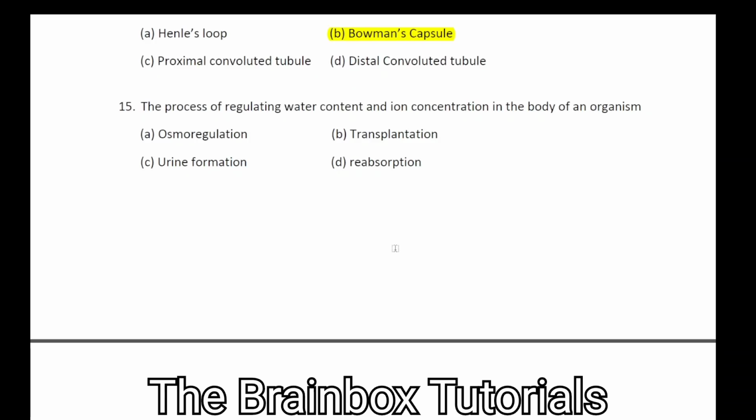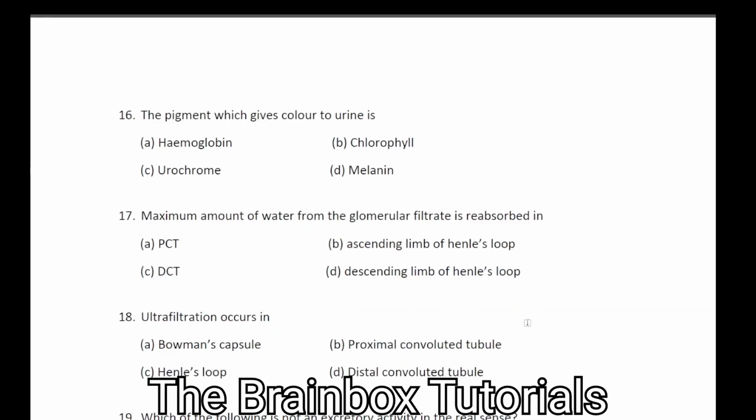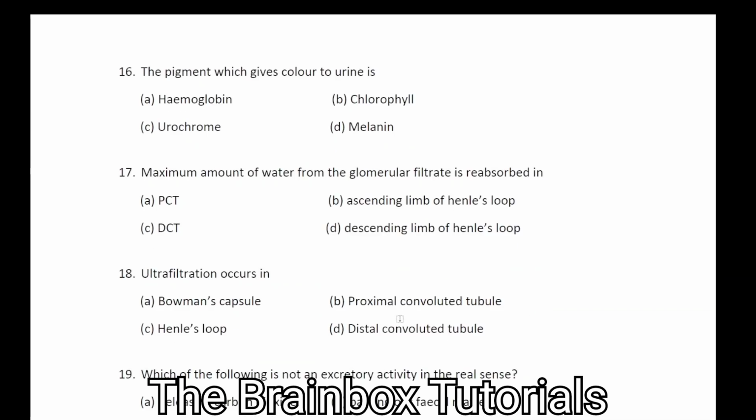The process is called option A, osmoregulation, option B, transplantation, option C, urine formation, and option D, reabsorption. And the correct option is option A, osmoregulation. Now number 16, the pigment which gives color to urine is option A, hemoglobin, option B, chlorophyll, option C, urochrome, and option D, melanin.